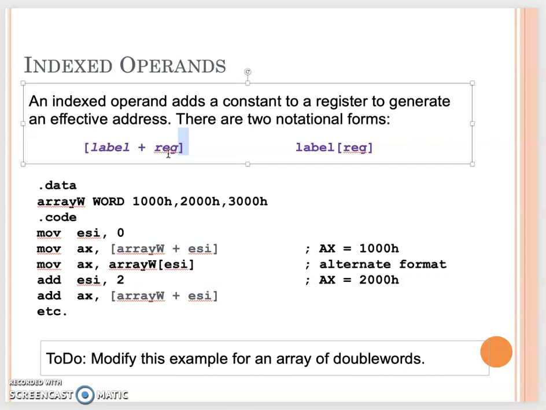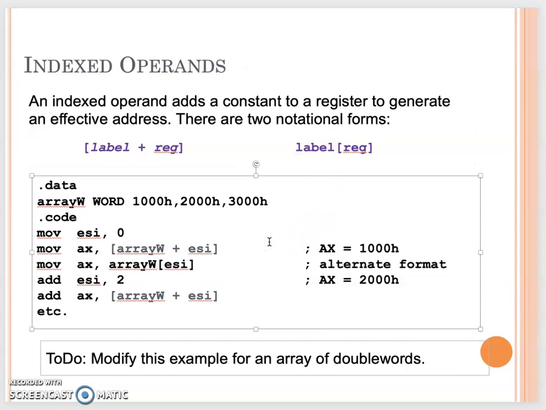But now with ESI and EDI, we don't use the offset of the data label. The register, like EDI or ESI, starts from 0. So you can either use the data label plus the register, or your data label can work like an array in C++, followed by the square bracket with the register value inside.